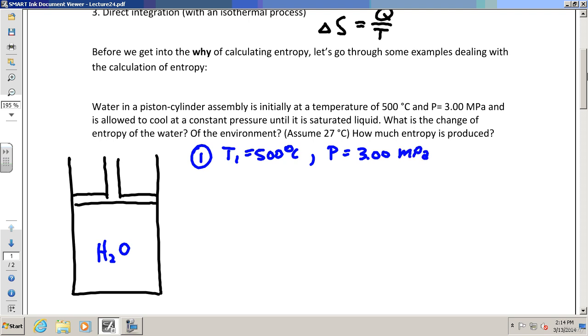It's allowed to cool at constant pressure until it's saturated liquid. So the pressure at state 2 is the same as at state 1, namely 3 megapascals, and state 2 is saturated liquid.